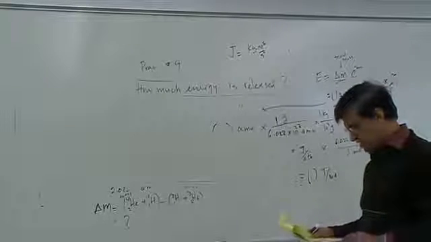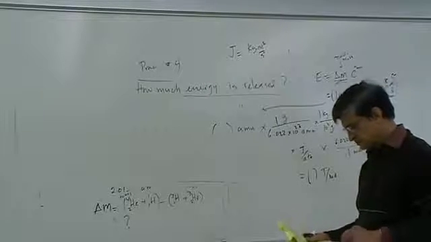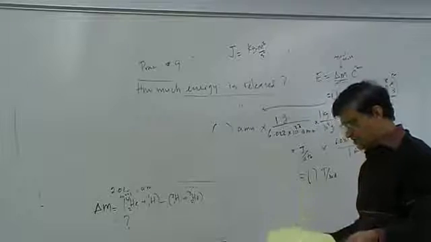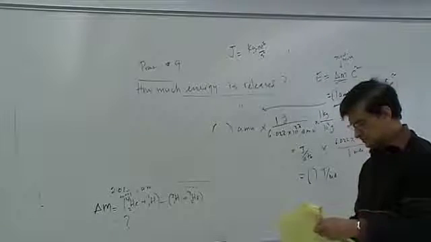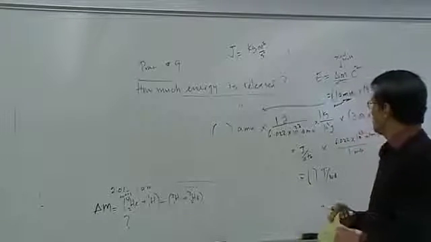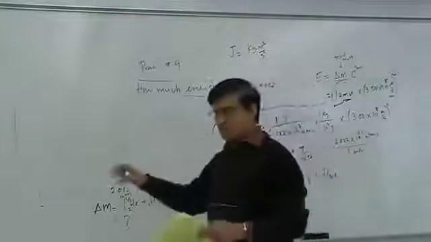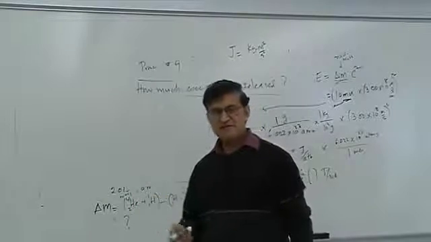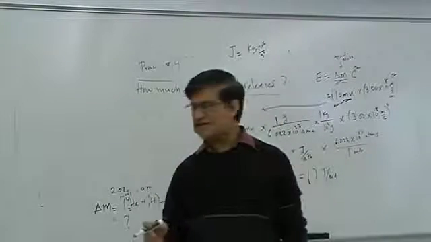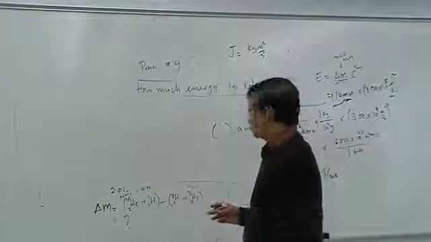So make sure you try this and be careful with the units. Let me repeat this. From given atomic masses, you first get nuclear masses by subtracting the mass of the electron.